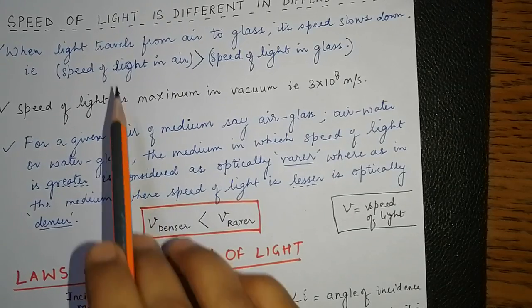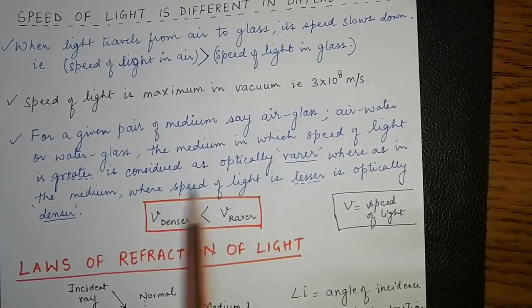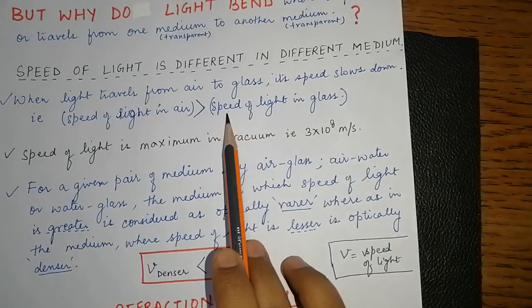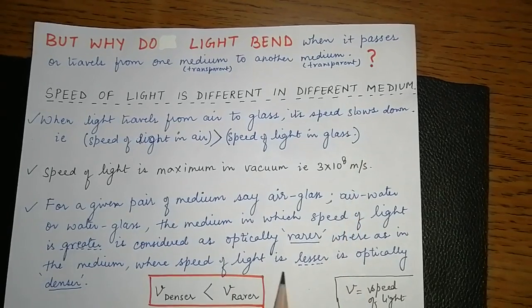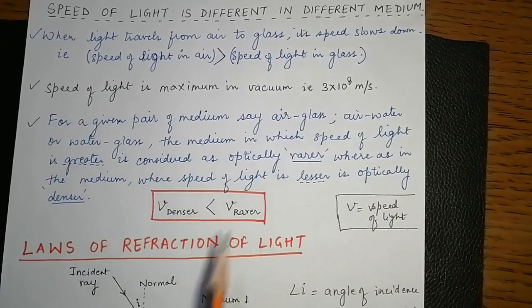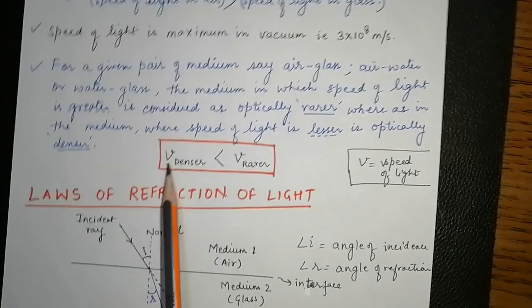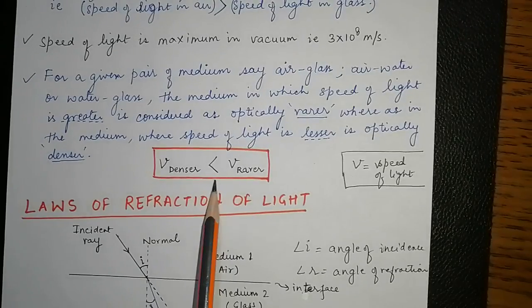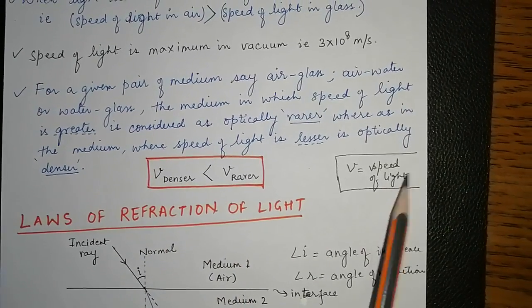Students, we see here the speed of light is greater, so it will be optically rarer, and here the speed of light in glass is lesser, so it is considered as optically denser medium. So I have written here in this box, speed of light in denser medium is less than the speed of light in rarer medium, where V is the speed of light.